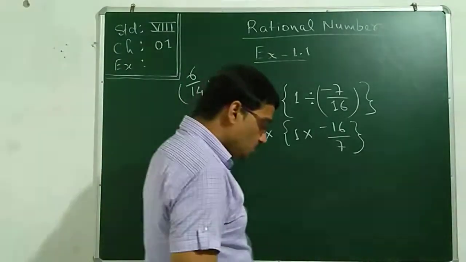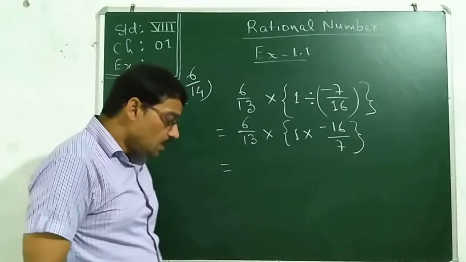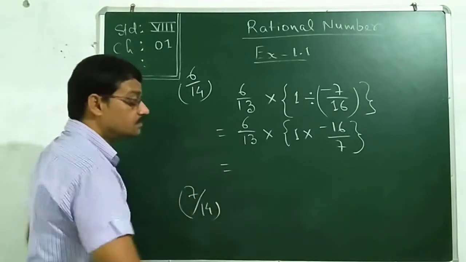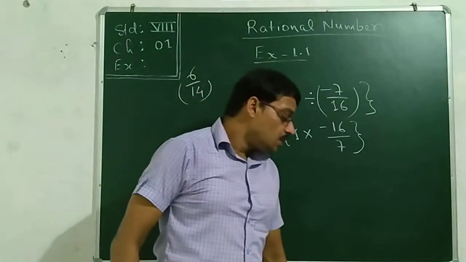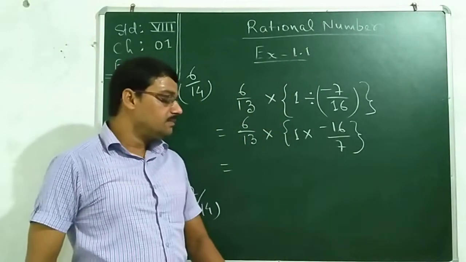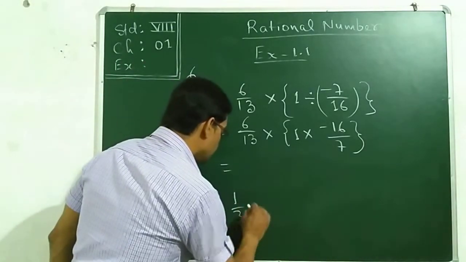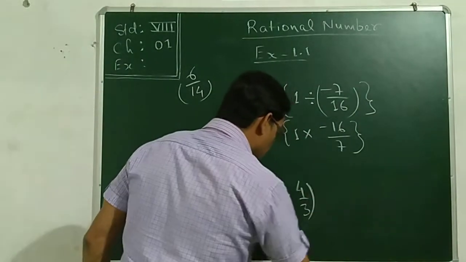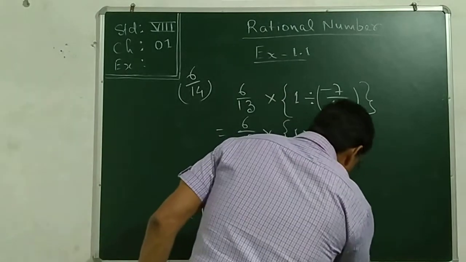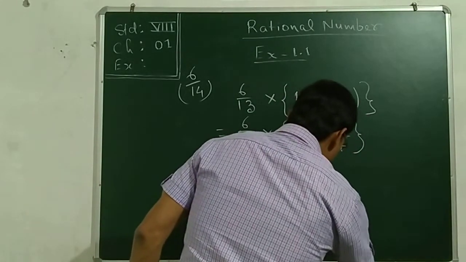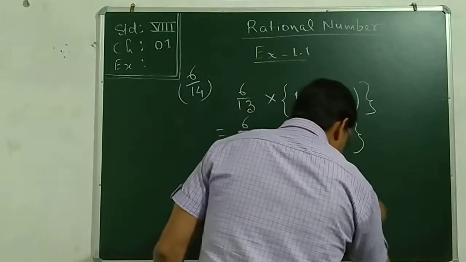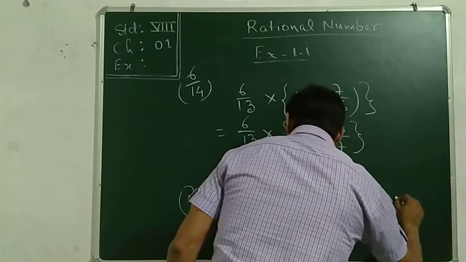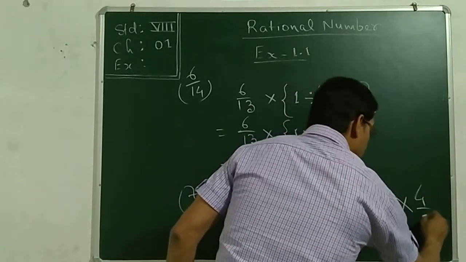Similarly, come to the next sum also, number 7. The property has been asked. 1 by 3 is multiplied by 6 into 4 by 3. Once again, it is written as 1 by 3 is multiplied by 6, and then the product is multiplied by 4 by 3.